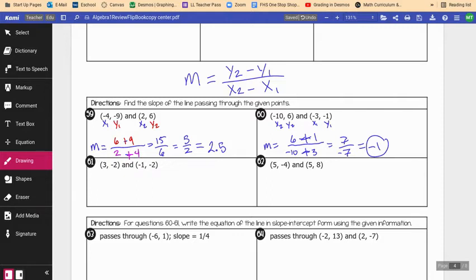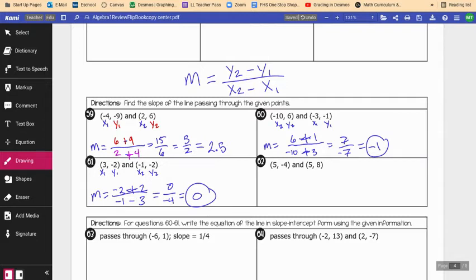And then 61, x1, y1, x2, y2. So I have negative 2 minus a negative 2. Those two minuses together gives me a plus. And then I have a negative 1 minus 3. So I get 0 over negative 4, which is just 0.